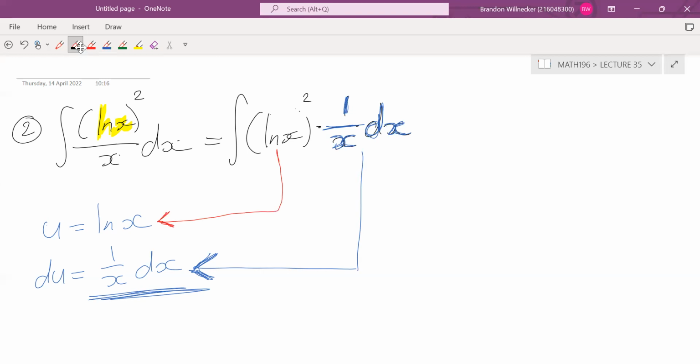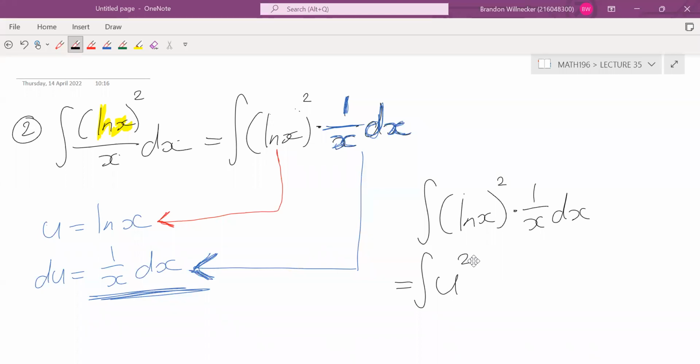So let's make the replacement. So the integral of the natural log of x, all of it squared, times 1 over x dx. The natural log of x, we're going to replace with u. So the natural log of x squared becomes u squared. 1 over x dx, that gets replaced with du.